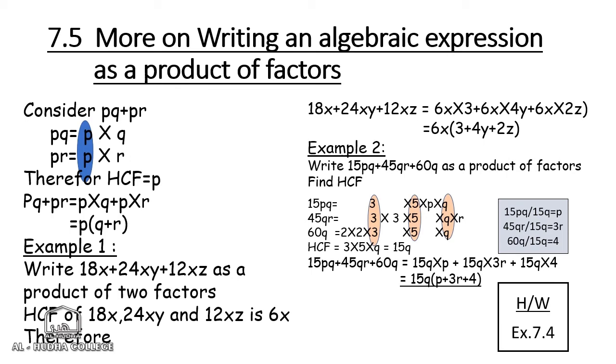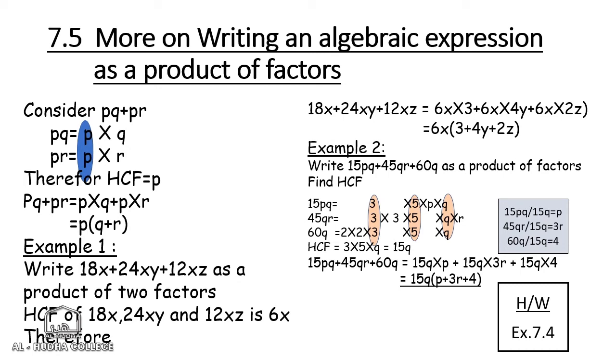So therefore 18x plus 24xy plus 12xz can be written as multiple of the HCF and the balance. HCF is 6x, so therefore 6x into 3 is 18x, plus, HCF 6x again into 4y.